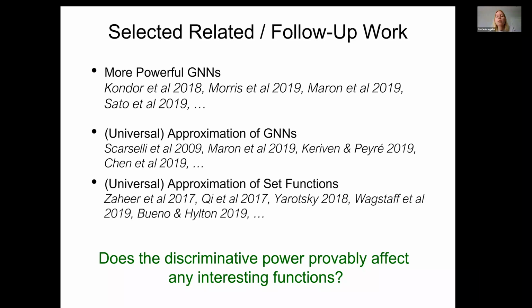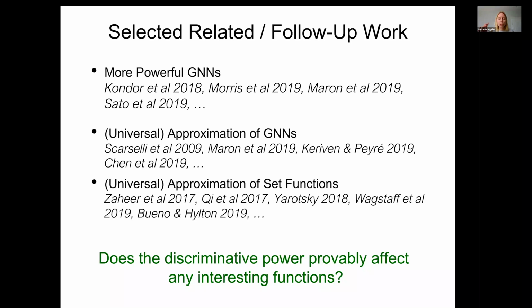What does that actually mean for specific functions that we may be interested in? Is this something that doesn't affect anything that's interesting, or is it something that affects almost everything that's interesting? The good news is that the Weisfeiler-Lehman test, out of all possible graphs, is able to distinguish a very large fraction. And only for a few graphs with symmetries does it fail.